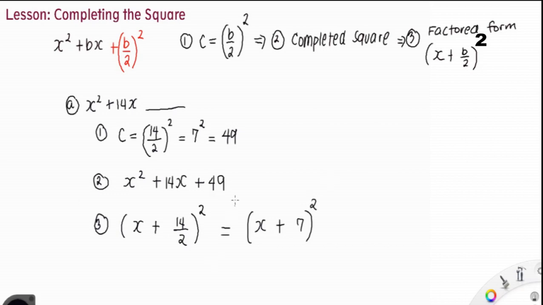Okay, so this is the factored form and this is the c value or the third term. So we are already done with our first example. All you need to do here is apply these three steps to get the factored form, or when looking for the third term, you can use this first step. So that is the first example.